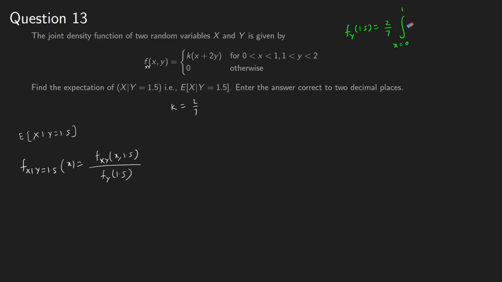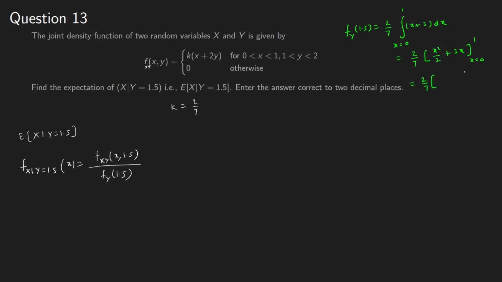and x plus, in place of y we can put 1.5, so 2y will become 3, dx. So when we integrate it, it will be x squared by 2 plus 3x, x from 0 to 1.